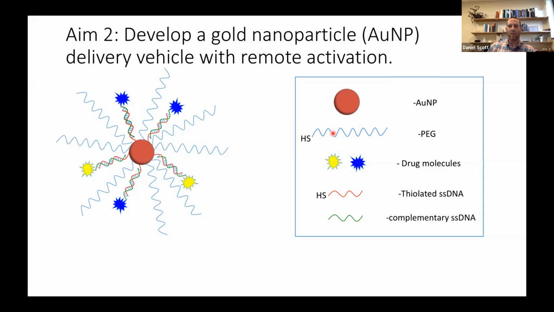But when the gold nanoparticles absorb that light, it causes them to heat up. And so what we're trying to do is use that generation of heat when we shine that near infrared light on the nanoparticles to cause them to heat up, and then use that heat to trigger the release of our drug in solution.